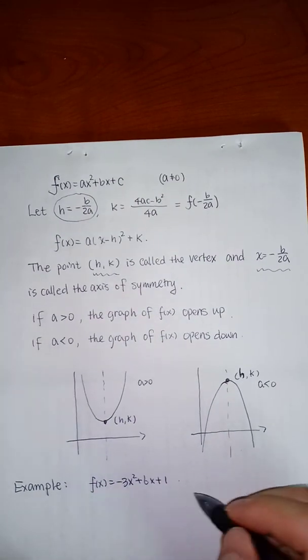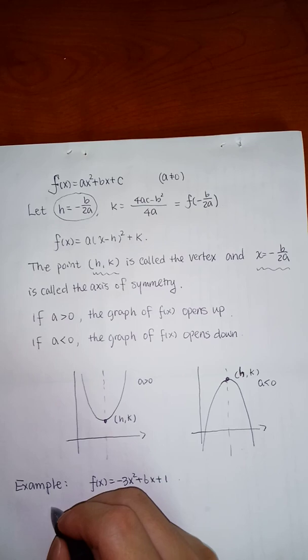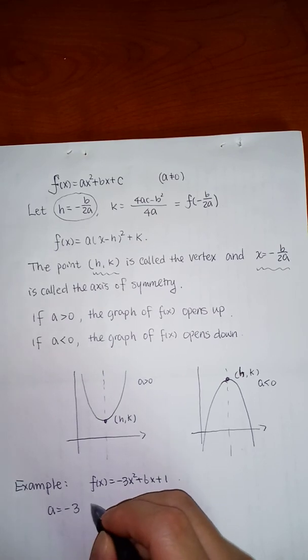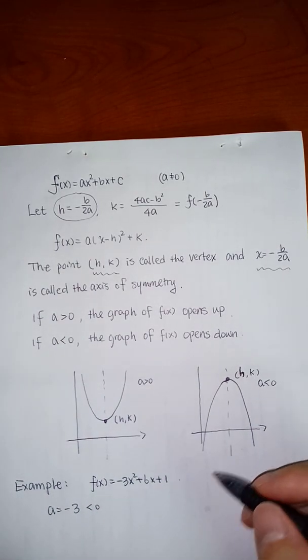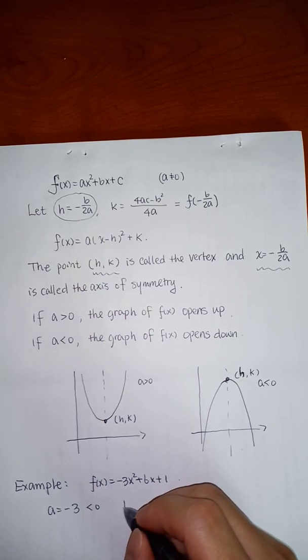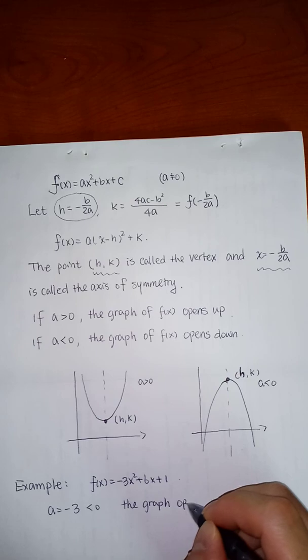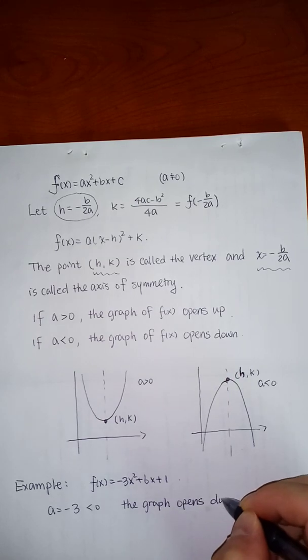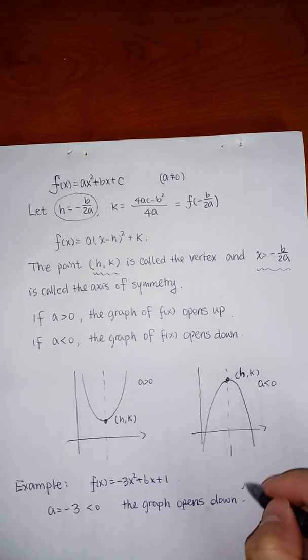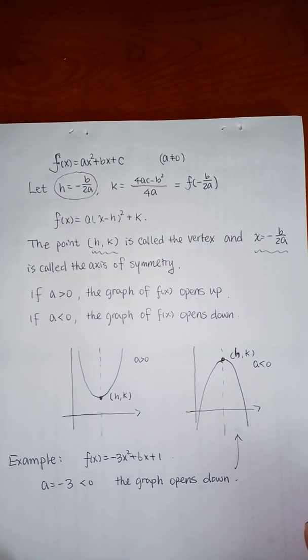And from this formula, we can see that a is equal to negative 3. It's less than 0. So the graph opens down. Okay, so the graph looks like this case.